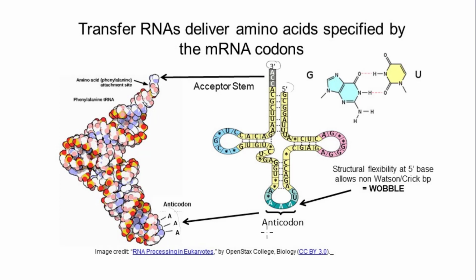For example, this tRNA has an anticodon with the sequence AAA, and it has been enzymatically, covalently bonded with its correct amino acid, which is phenylalanine. This tRNA will only be allowed to enter the ribosome when the mRNA codon sequence UUU enters the ribosome.